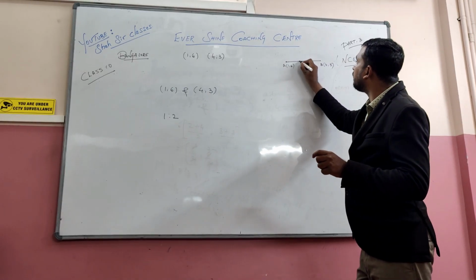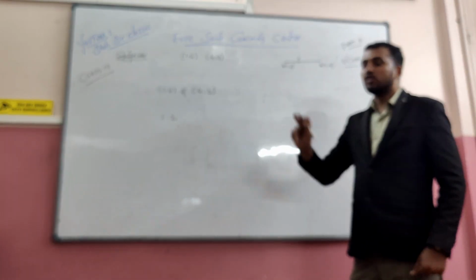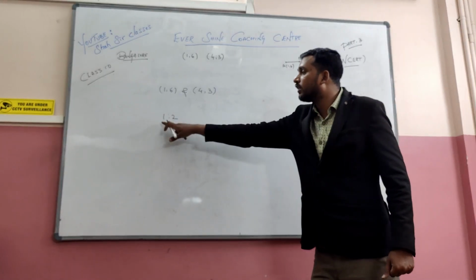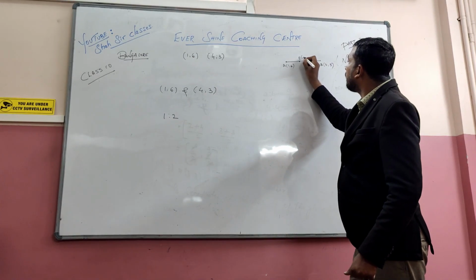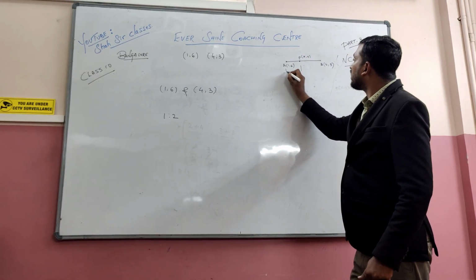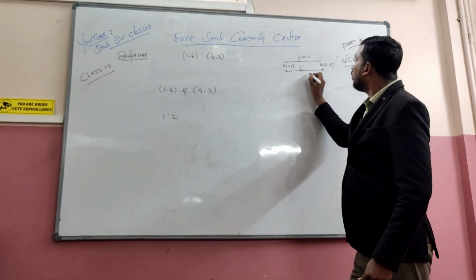Suppose let me take its name as P. Are you getting it, children? Now this P is a point in the ratio 1:2. Let me say P of x comma y. This P of x comma y divides the line AB in the ratio 1:2.